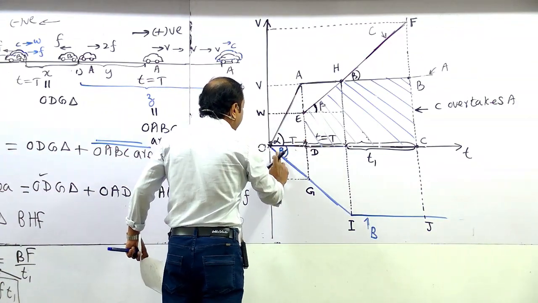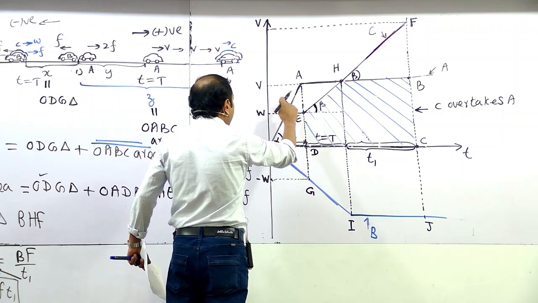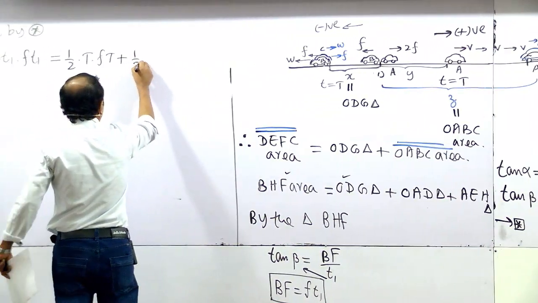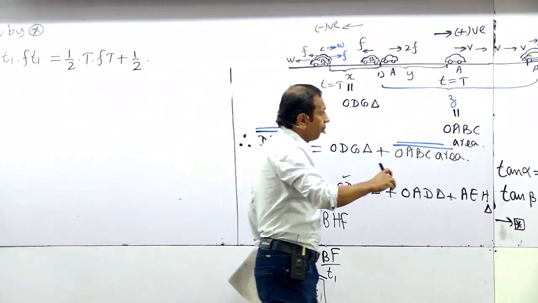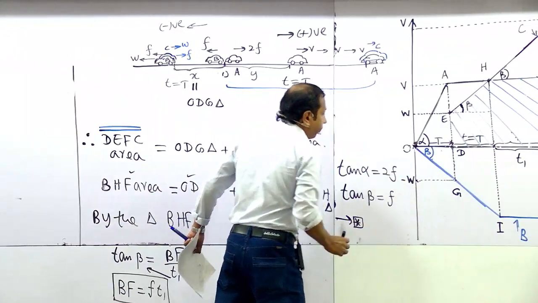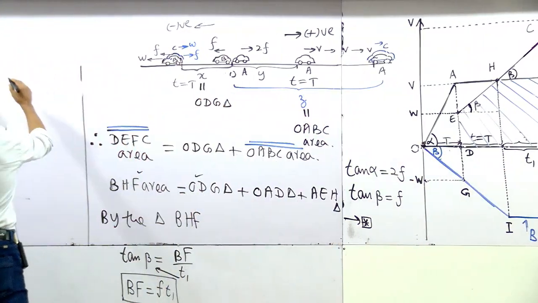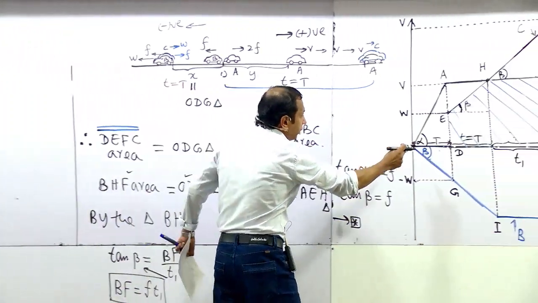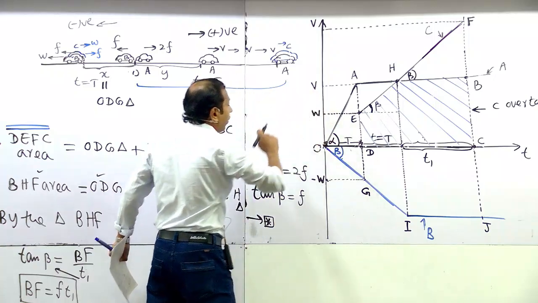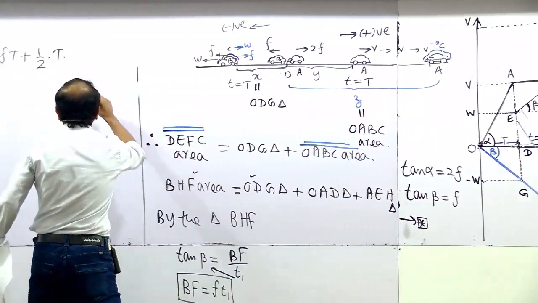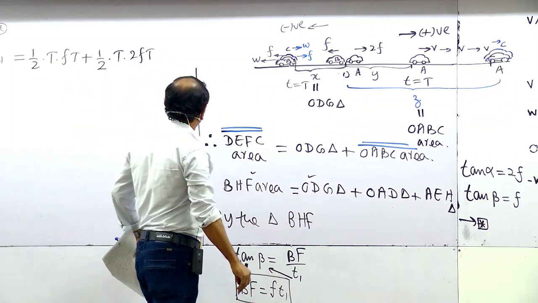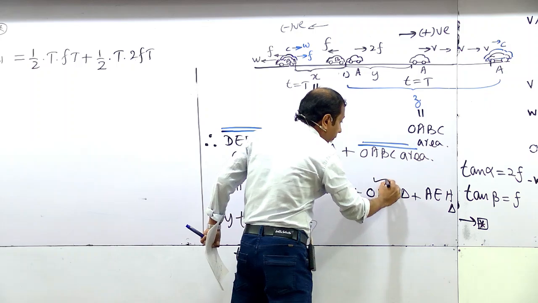OAD area. Half base into perpendicular height. Half, base is T. Perpendicular height, this V. We found this V to be 2FT. That's also correct. OAD area also we found.